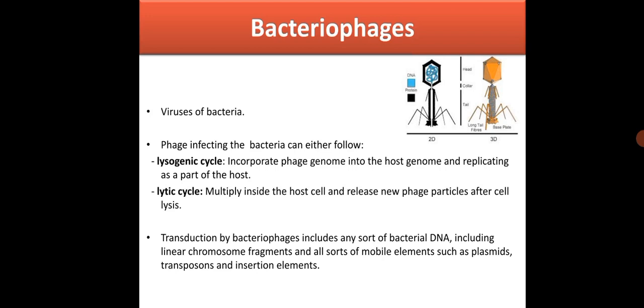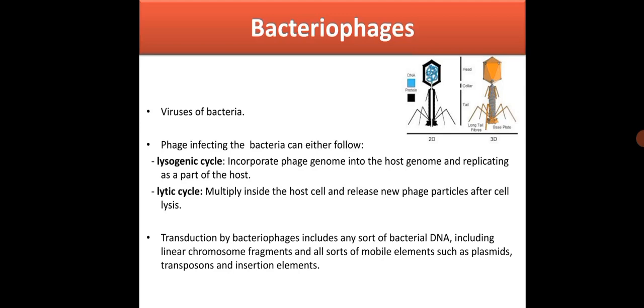Bacteriophages. These are also known as viruses of bacteria. Detailed features of bacteriophage, their types, their classification, their mode of replication, and their significance have been discussed in my earlier uploaded video titled Bacteriophage. Phage infecting the bacteria can either follow lysogenic cycle or lytic cycle.